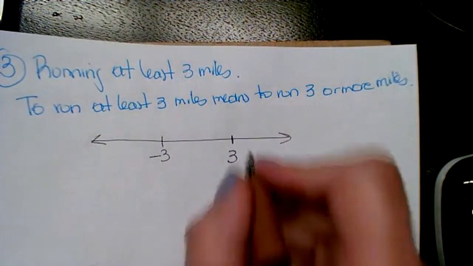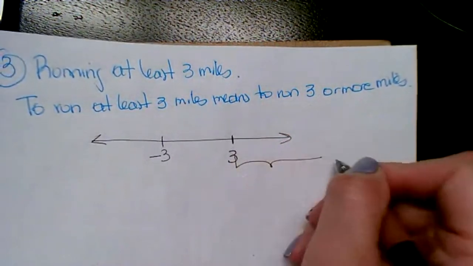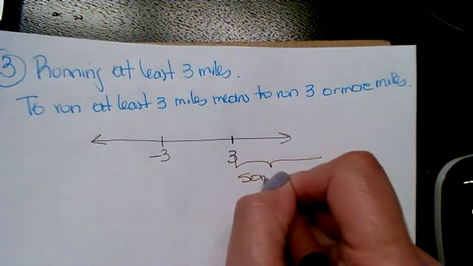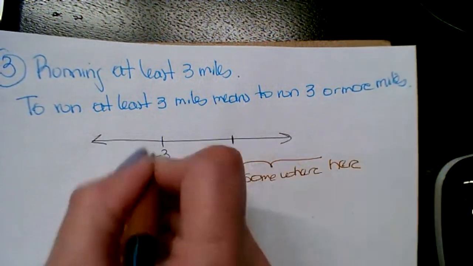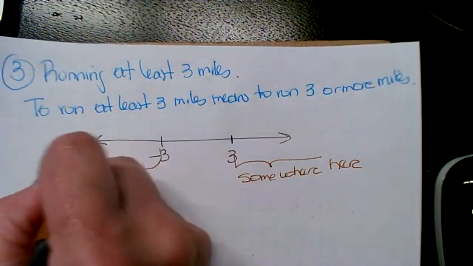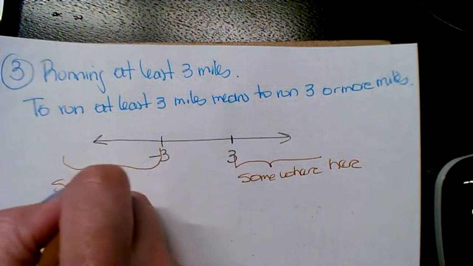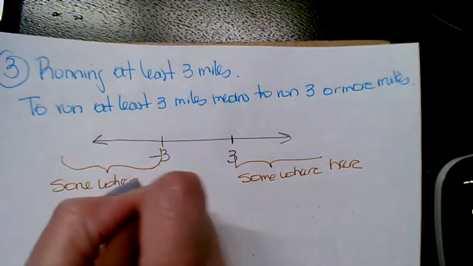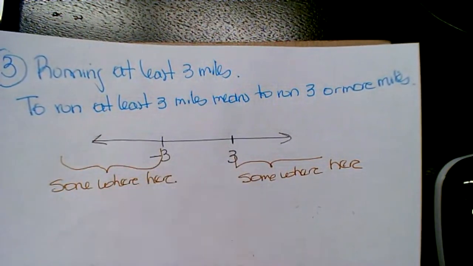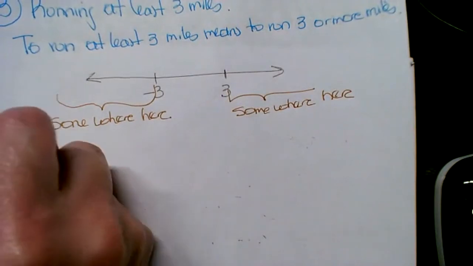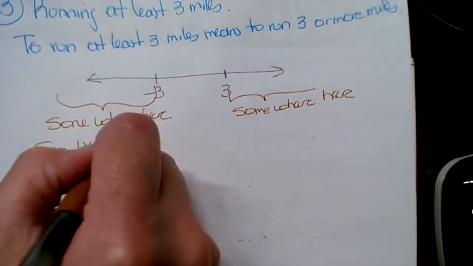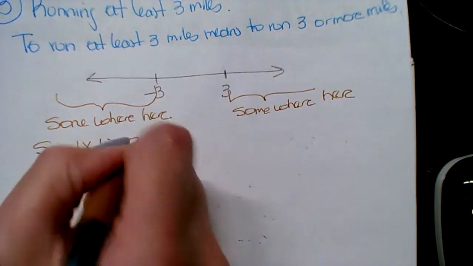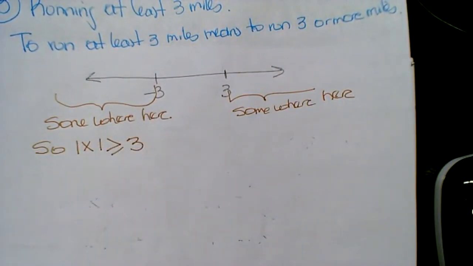so it's going to be what? Someone on this side and somewhere here. Okay, so greater than 3, at least 3 miles.